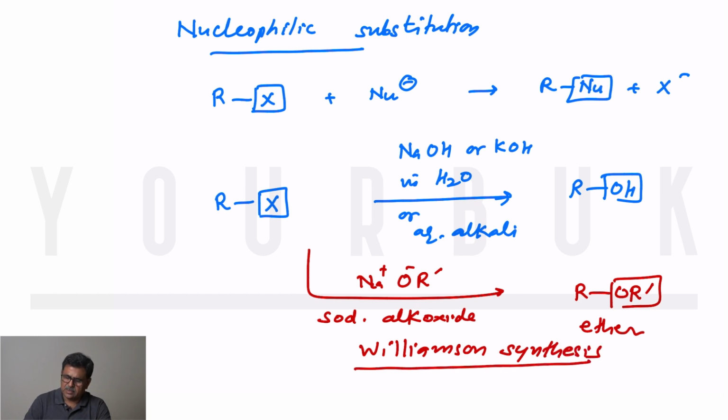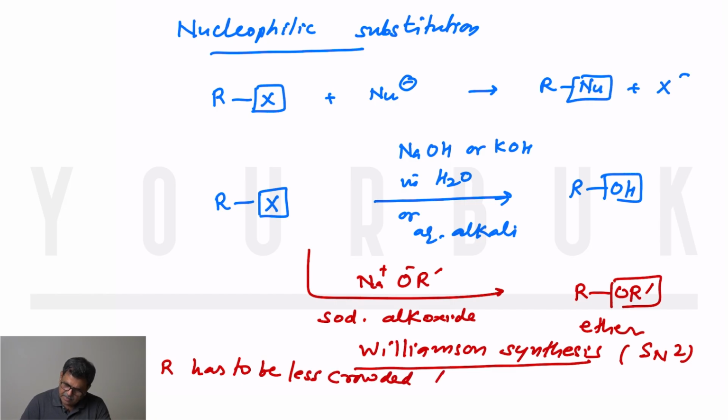Williamson synthesis is an example of the SN2 mechanism. Therefore, R has to be less crowded than R dash. Now this is CH3-CH=CH2, and we are reacting it with HBr in dark.